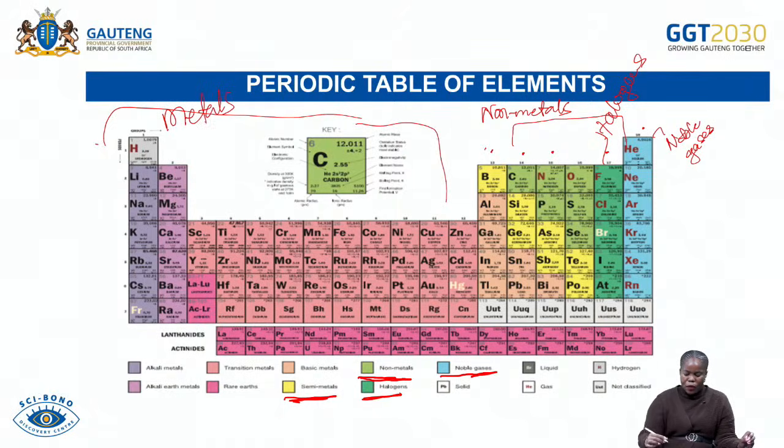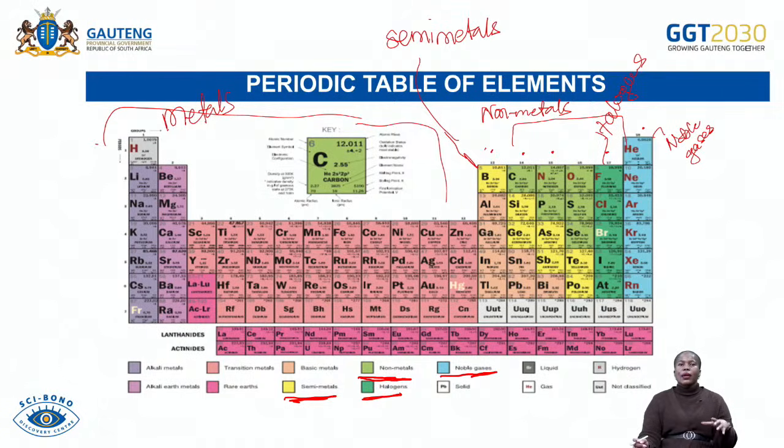And then you've got your semi-metals in here, in yellow. I'm just going to include them right there. These are your semi-metals. So knowing that on your further left are your metals, on your further right are your non-metals, they are closely linked with your semi-metals, and then the last grouping is your noble gases.